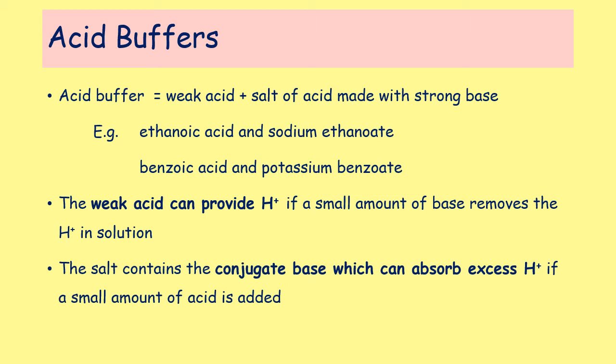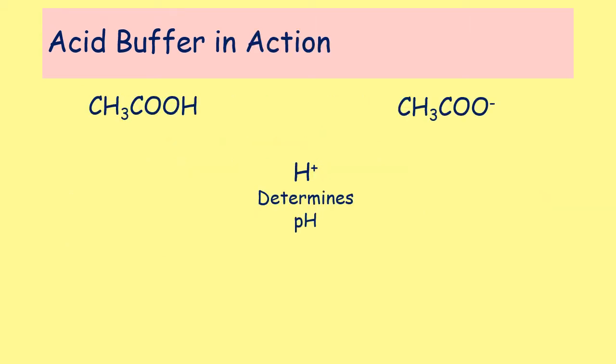The salt contains the conjugate base of the acid, and that means that if you add excess H+ ions or hydronium ions relative to the pH value that you want, the conjugate base is able to accept or absorb that H+, creating a neutral compound and therefore resist the potential change to pH.